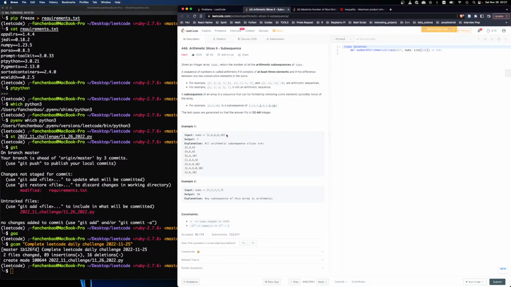Okay, let's think about this. Yesterday was DP, and today most likely is DP as well. I mean, we've done this before, but I don't remember this one at all. What do you think? We want to find the total number of arithmetic subsequences of an array.